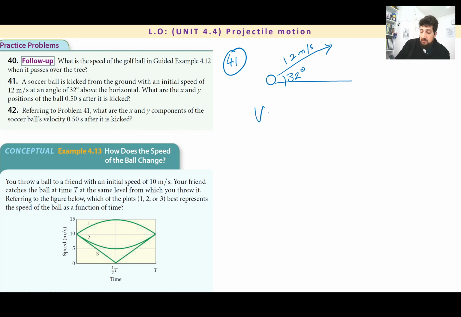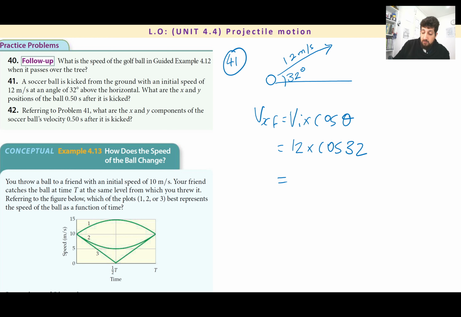So once again, the equations are Vxf equals Vi times cos theta. That's the x component, which is going to equal 12 times cos 32. Really, it's just plugging in stuff. Cos 32 times 12, and that is the x component.